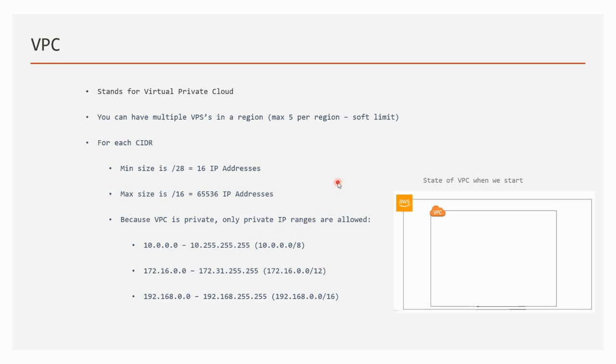Just as a heads up, you need to know about IP addressing, like the different types of classes or specifications in IP. There are three classes: class A, class B, and class C, that determine the IP address range. And then you need to understand the subnet mask.